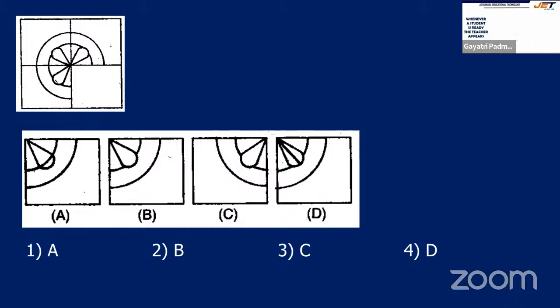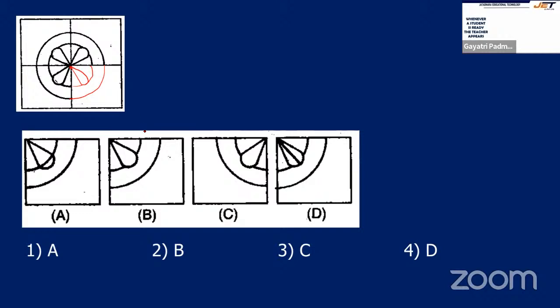So how do you choose this? In fact, see here, you have to just adjust your diagram in such a way that which one could be the best fit. So it should be like this, okay? And your circle must be like this. So now which one suits this?